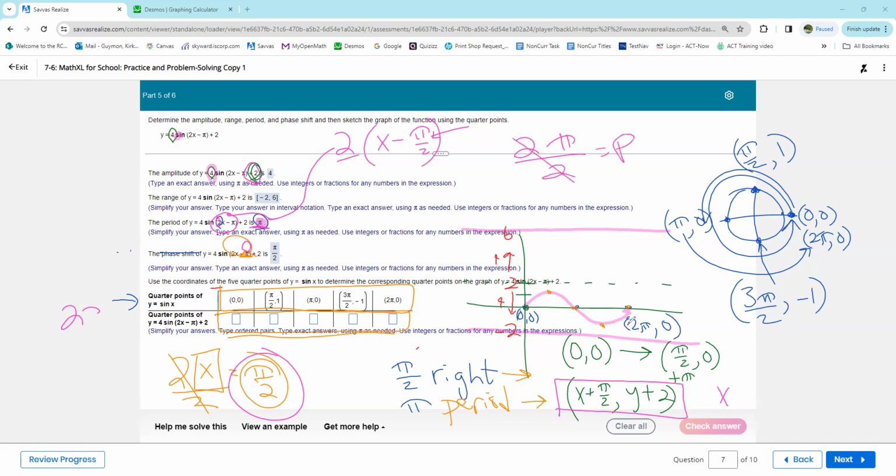So that's my period. So for each of these x's, we're going to add a pi over 2. The y is added 2. That'll get us moved up and over to where that point has been moved. And then for the next cycle of the graph, where it says the 5 quarter points, the corresponding of the next ones.